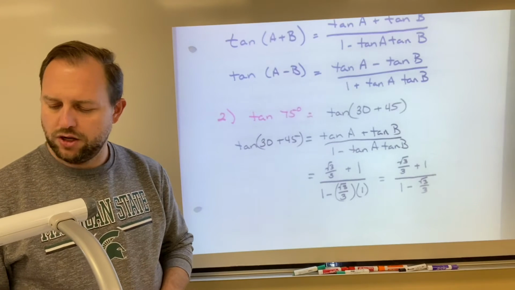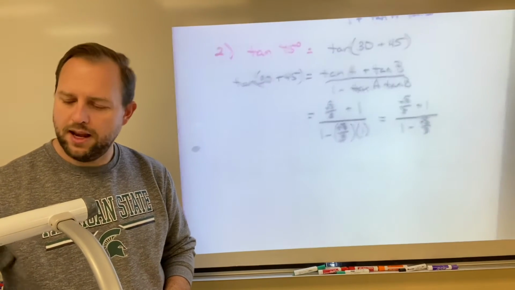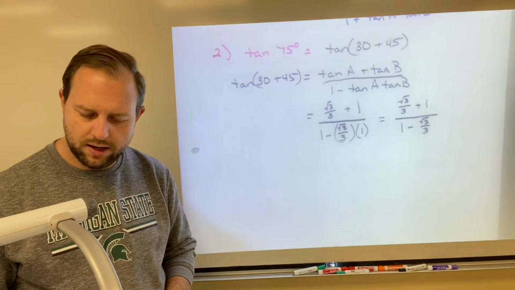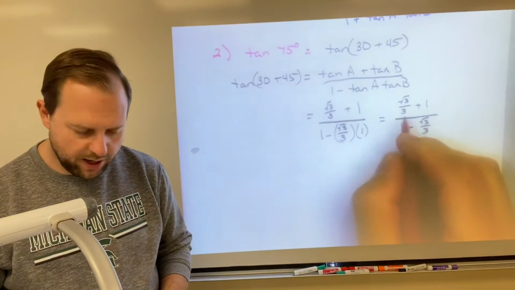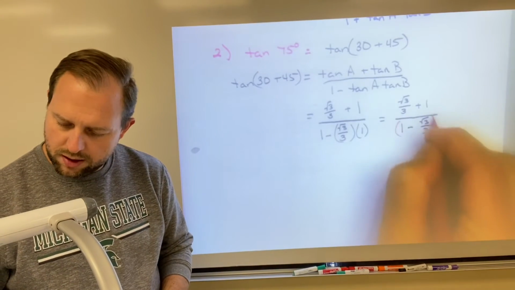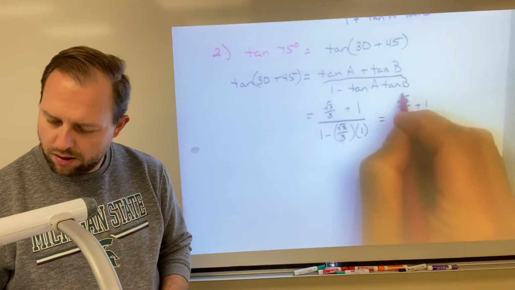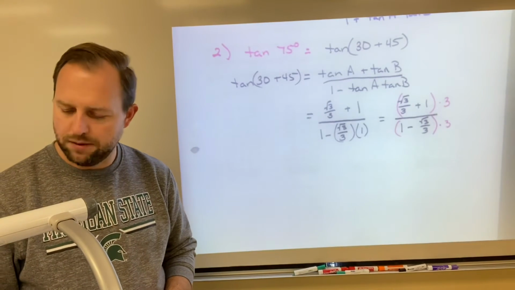First thing we need to do to simplify this further is we can't have a denominator inside a denominator. Got to get rid of that. So to get rid of that, we're going to multiply this whole thing by 3. But what we do on the bottom, we've got to do on the top.